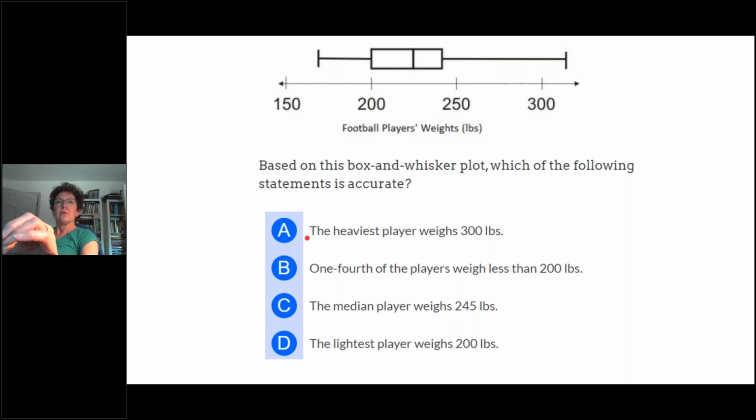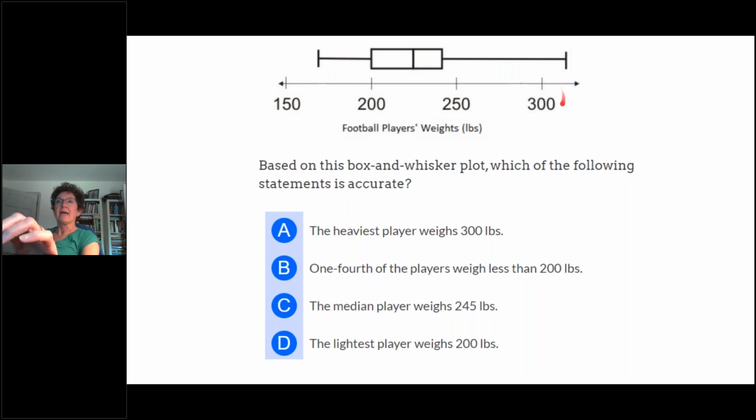So, does the heaviest player weigh 300 pounds? Well, here's 300. Is there anyone beyond that? Yep. This player right here. I'm going to call that 320. It's not marked, but that's about where it is. That's 320. So no, A cannot be right. The heaviest player weighs 320, not 300.